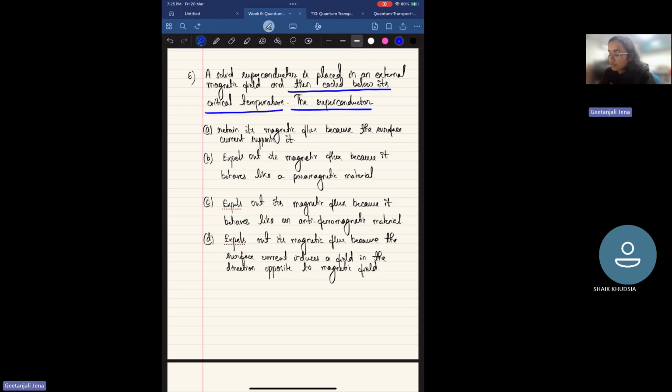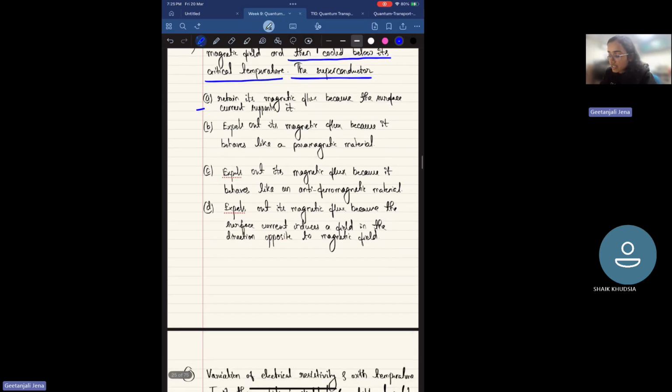The superconductor, option A, retains its magnetic flux because the surface current supports it, or option B, the superconductor expels the magnetic flux because it behaves like a paramagnetic material, or option C, it expels the magnetic flux because it behaves like an antiferromagnetic material, or option D, the superconductor expels its magnetic flux because the surface current induces a magnetic field in the direction opposite to the magnetic field.